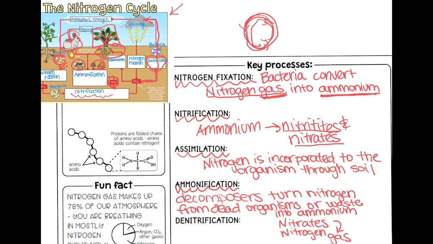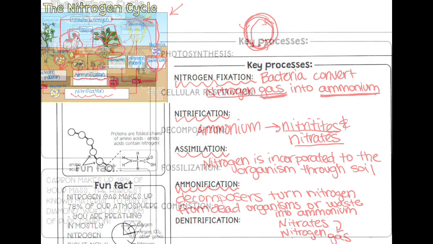So then that is going to go into the soil and go through ammonification because the fungi and the bacteria in the soil is going to break it down. So that's the kind of thing that we're looking at here with the nitrogen cycle. All right. So that is it for our nitrogen cycle right now. We're going to go on to another cycle here, so hang tight.